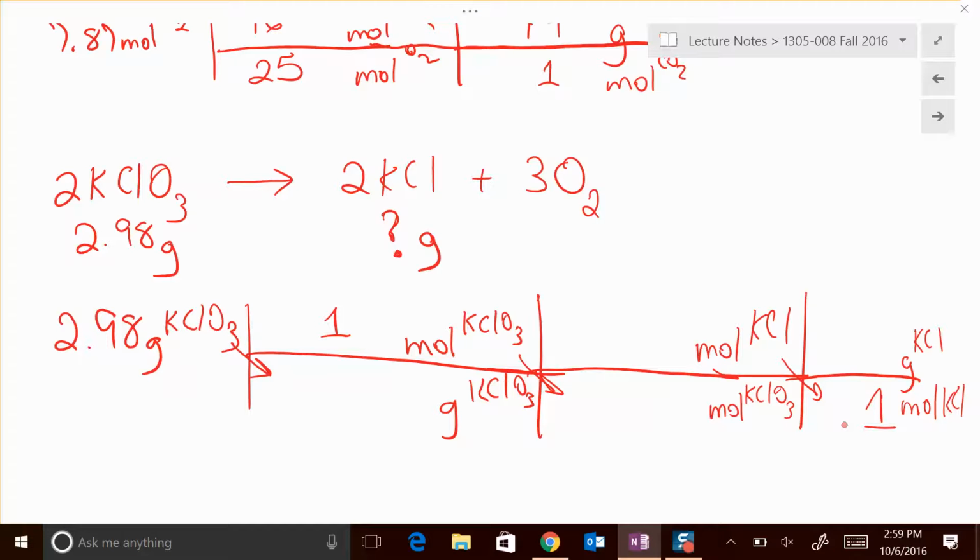Okay? What are the grams? We'll start here. What are the grams of KClO3? What am I going to put there? 39, 35.5, and 16 times 3.